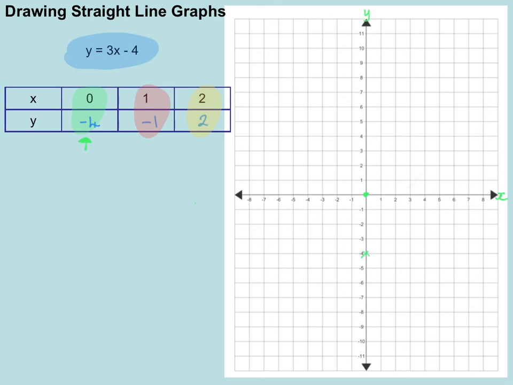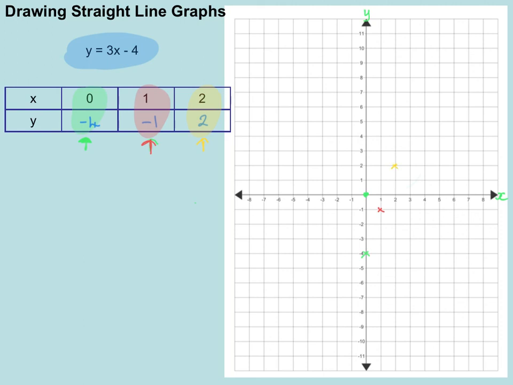Next one, 1 minus 1, along to 1 and down to minus 1 for that one. And next one along, we have 2, 2 along to 2 and up to 2.